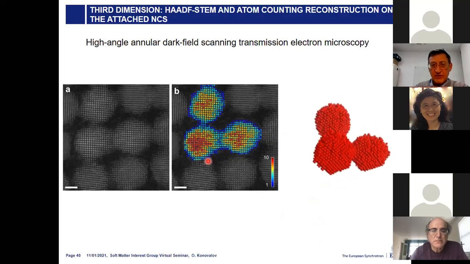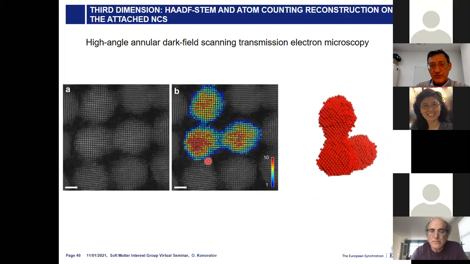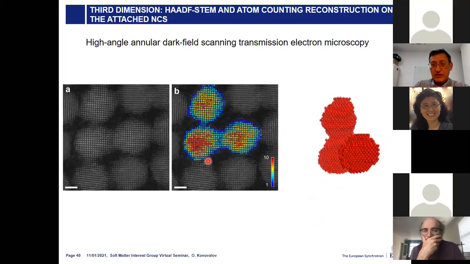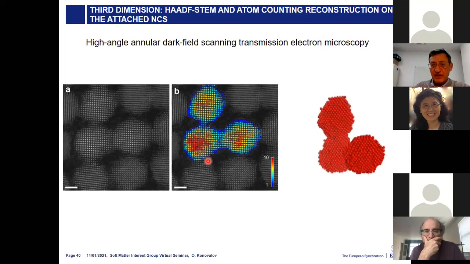This makes this two-dimensional arrangement very solid, so that when we take it out from the surface, it's really like a solid sheet that doesn't break. So you can take it and it's ready for some other application.